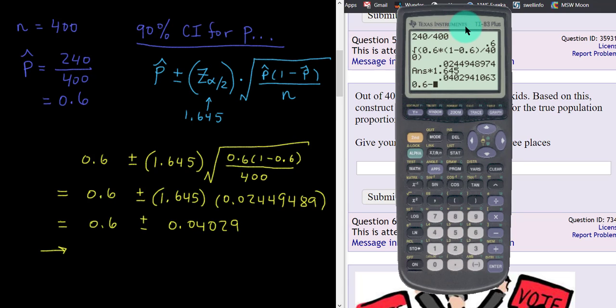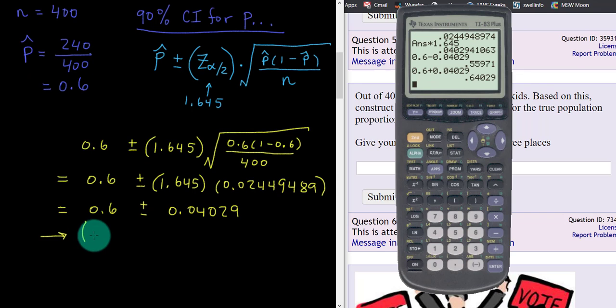So 0.6 minus 0.04029 and 0.6 plus 0.04029. Those are our bounds for our confidence interval.